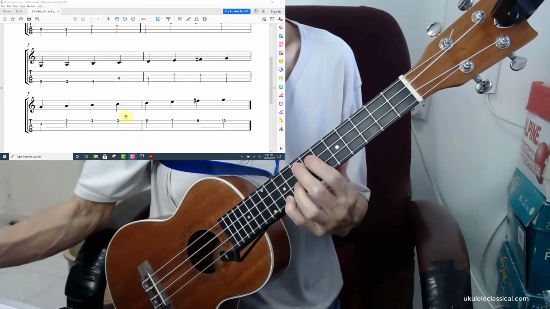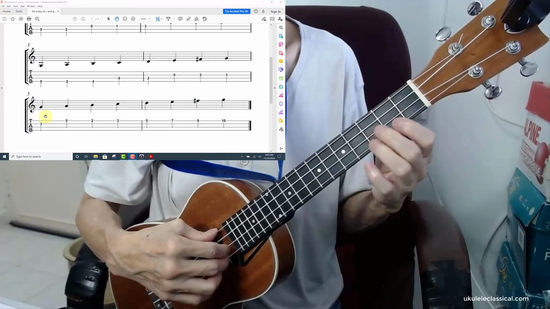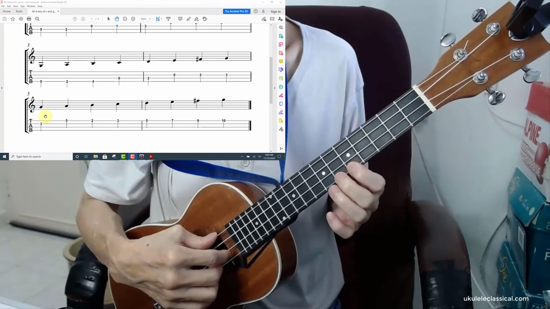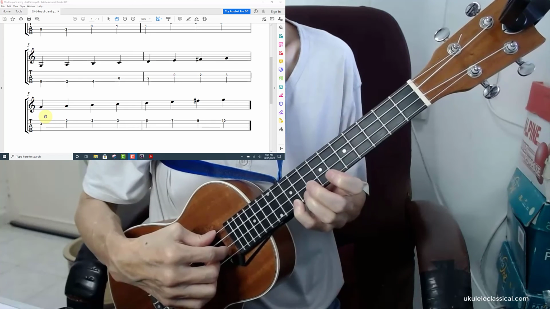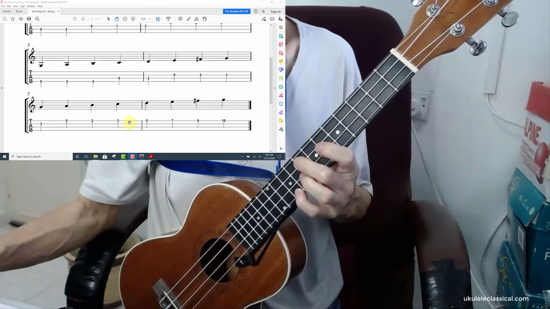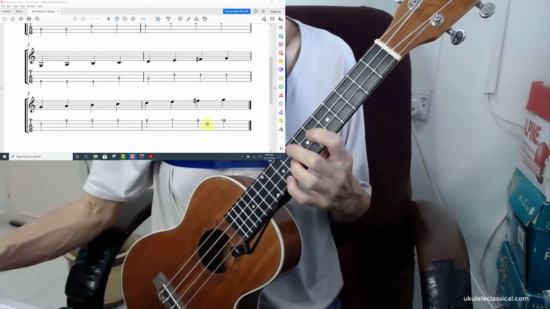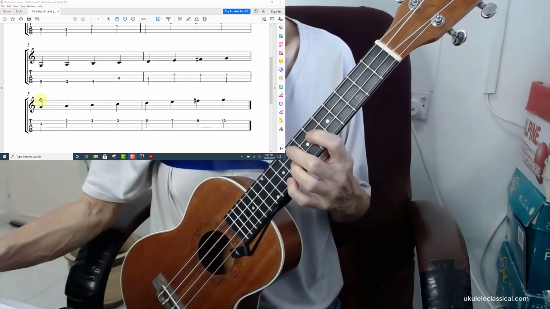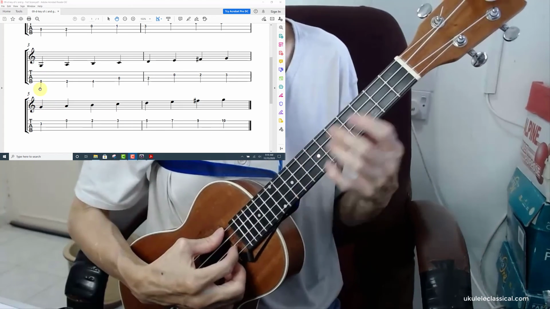Right, one more time from here. Okay, so this is the high octave. So let's play the G again from the first octave right up to the high G, which is the second octave. So start from here, we'll go like this.